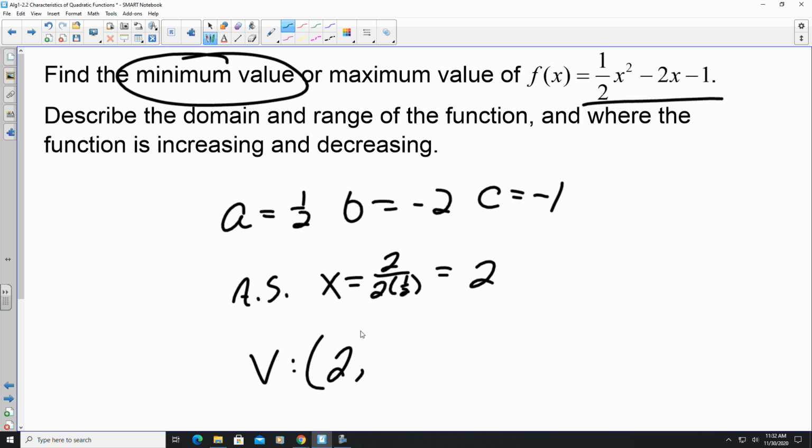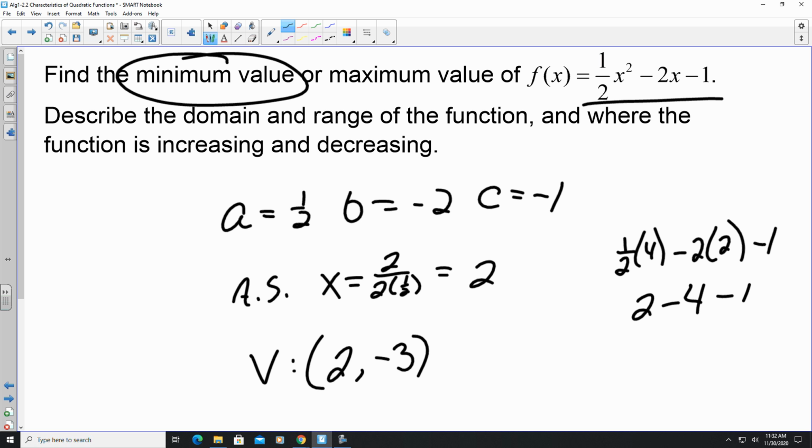To find my y coordinate, I'll substitute 2 in for x. So 2 squared is 4, so I have 1/2 times 4 minus 2 times 2 minus 1. So 1/2 times 4 is 2, so I have 2 minus 4, minus 1. 2 minus 4 is -2, minus 1 is -3.